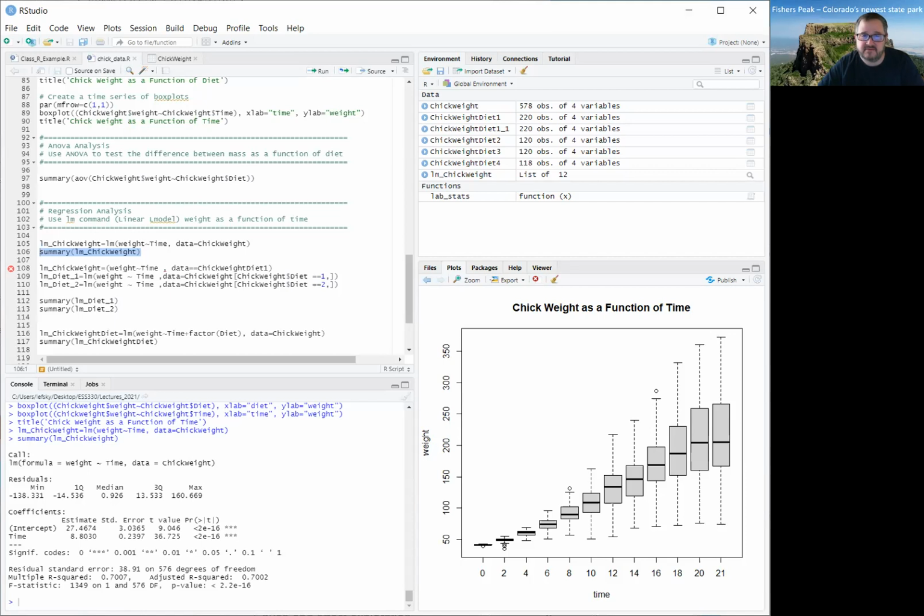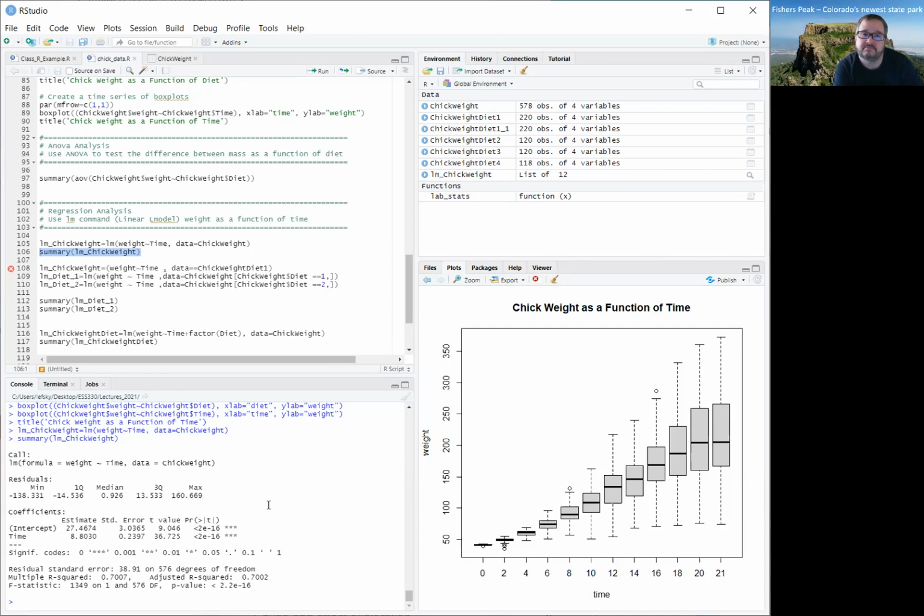So let's resume, and I want to go back to this concept that I started talking about, which is that R does different things depending on what kind of variable you provide for a function.